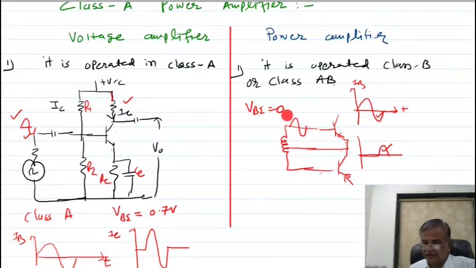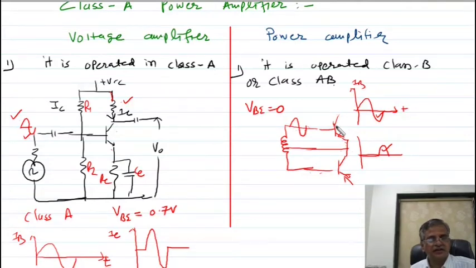For class B, VB should be 0. Listen again. In a class B operation, collector current flows only for one half of the AC input cycle.